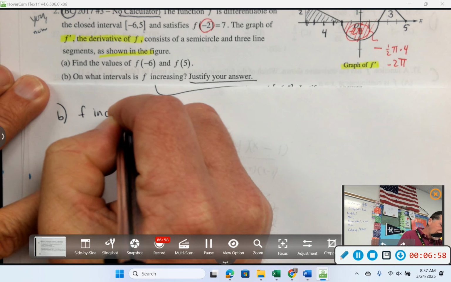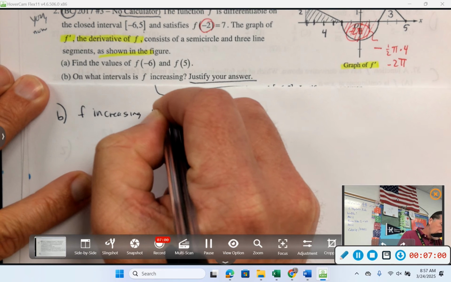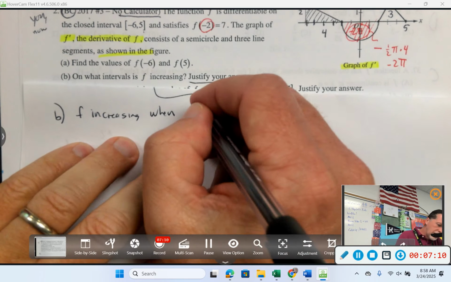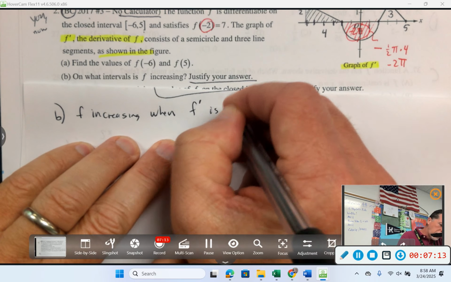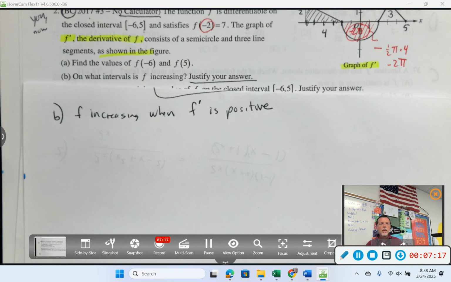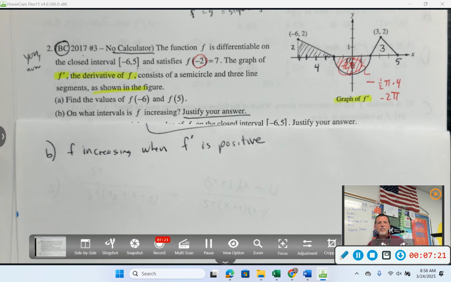F is increasing when, not for this particular problem, but just in general, when is f increasing? What would I be looking for? F prime is positive. Okay, there's my justify point right there. So now I just need to look and see, and that should make my answer easy now.